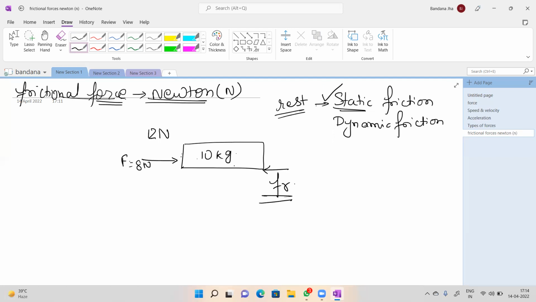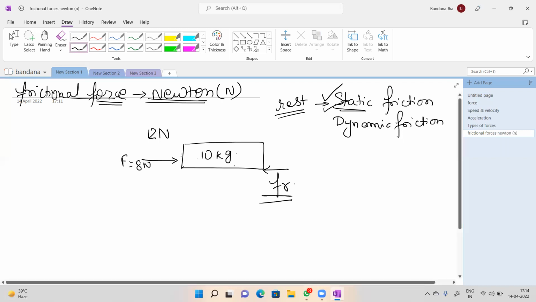Correct? So that is known as what? Static friction. Now, if I apply 30 Newton of force, the body starts moving, and the frictional force applied on the body is known as what? Dynamic friction. Understood?